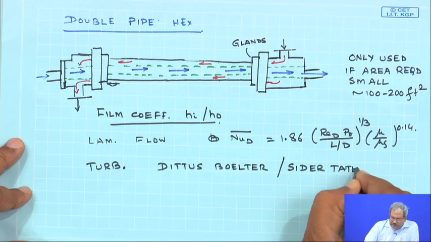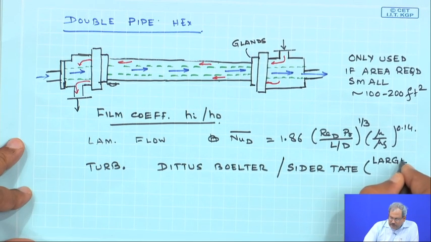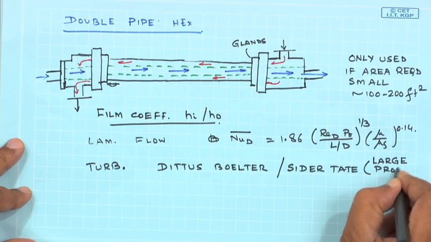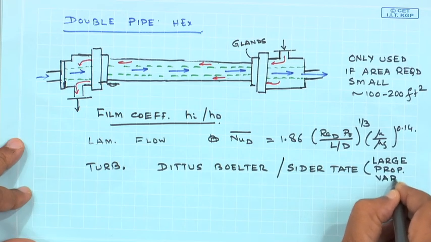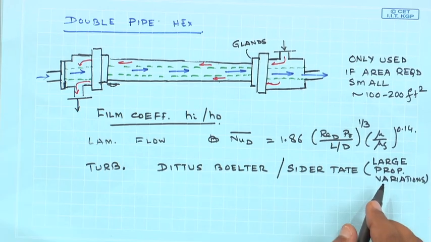We understand that the Sieder-Tate equation is to be used when you have large property variation. So, if the viscosity at the temperature of the tube varies significantly, then you are going to use the Sieder-Tate relation, otherwise you use the Dittus-Boelter equation that we have described before.